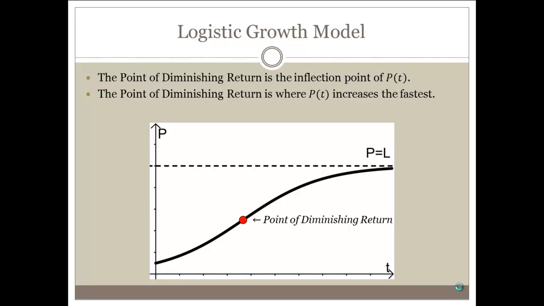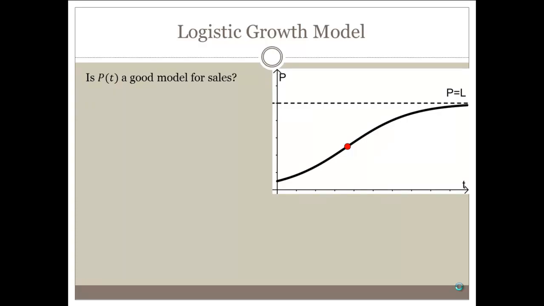While this is a great model for populations, it can also be used to model the sale of an item. In the application where P of t is modeling sales, the point of diminishing return is when sales start to slow down. Let's take a moment and see why P of t is a good model for sales.